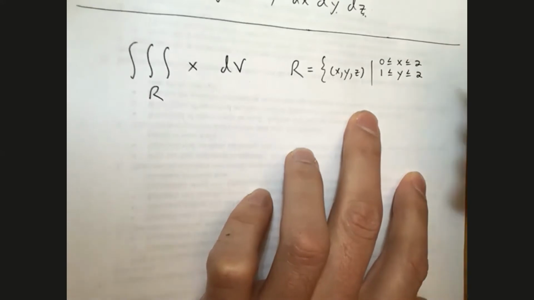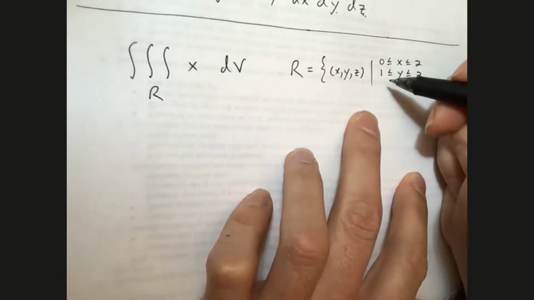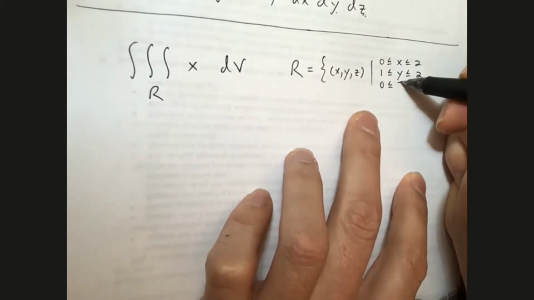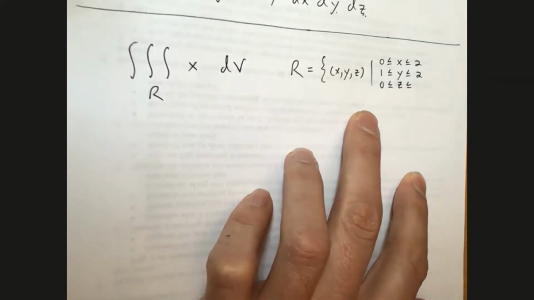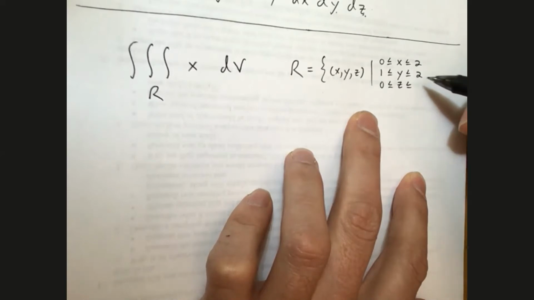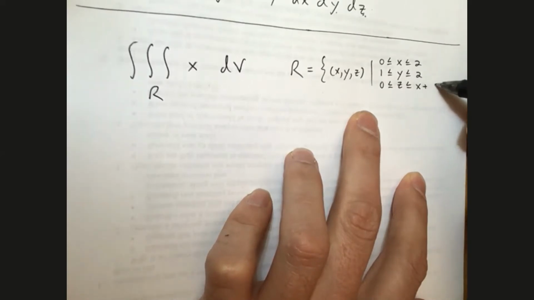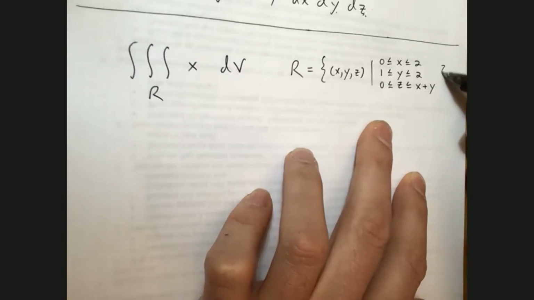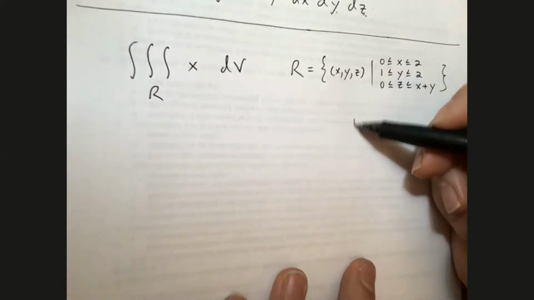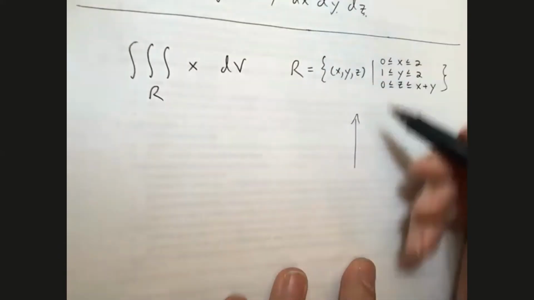And z, now, z goes from 0, but goes up to not a fixed number. It depends on where we are with respect to x, y. It goes up to the plane x plus y. Okay? And so a way to think about that, kind of how we were thinking about that other picture above.